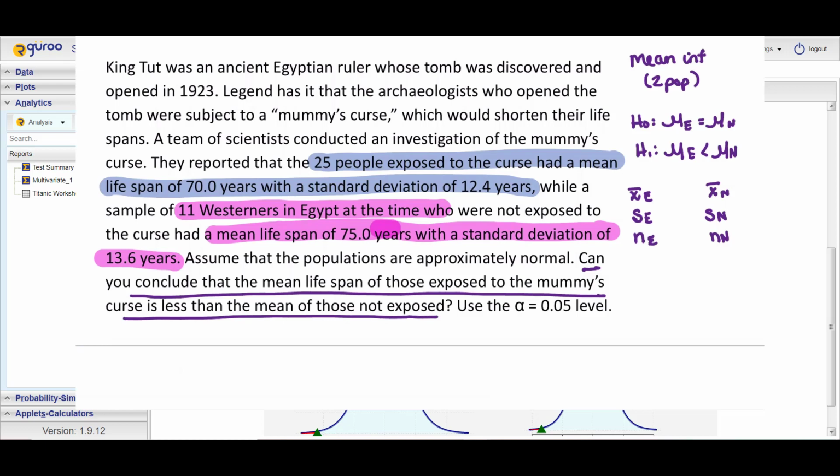All right, so for the exposed, it was 25 people. They had an average lifespan of 70, a standard deviation of 12.4. For the other group, there were 11 Westerners in Egypt. The mean lifespan was 75 and a standard deviation of 13.6.